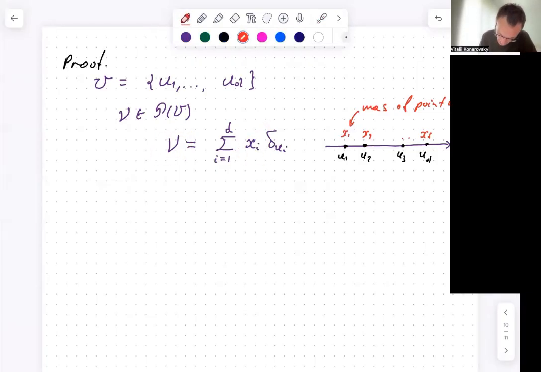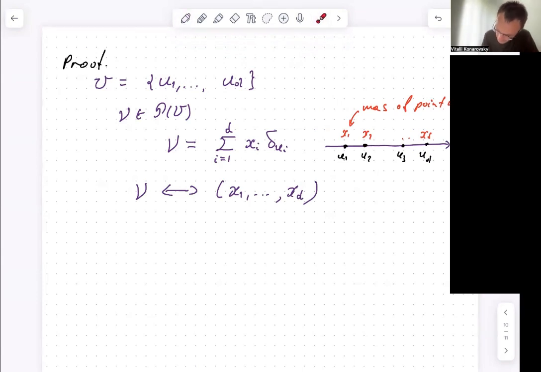So our idea will be to identify that nu with the vector x1 up to xd. At the beginning, we said that the points u could be anything. They must not be elements of R; they can be taken from Rn, or even be some abstract objects.